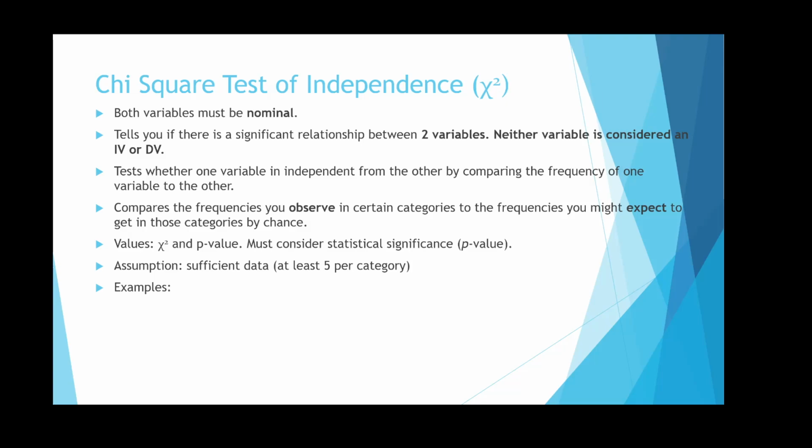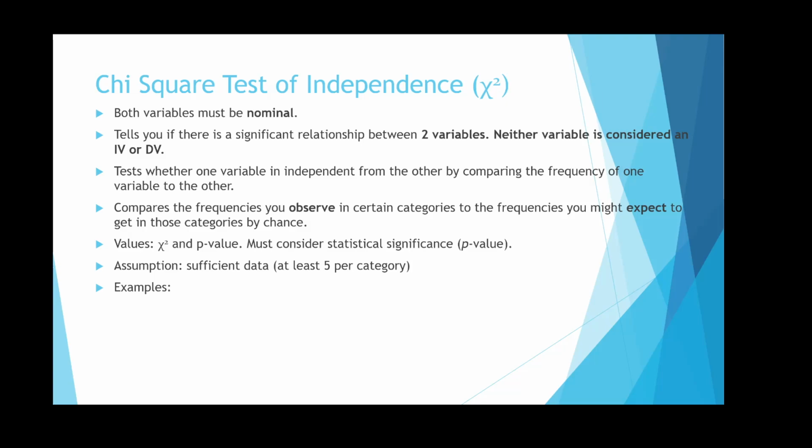So both variables are nominal, and it's kind of like a correlation where you're just looking to see, is there a relationship? So really the purpose here, this is telling us if there is a relationship between two nominal variables. Neither variable is considered an independent variable, and neither one is considered a dependent variable.